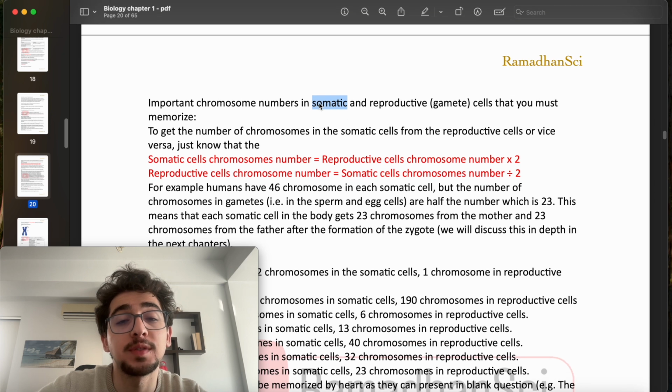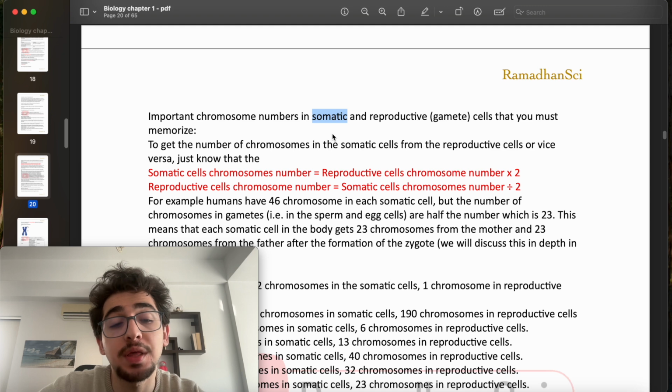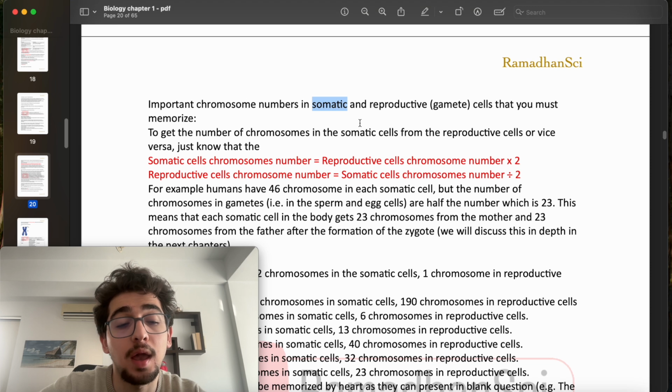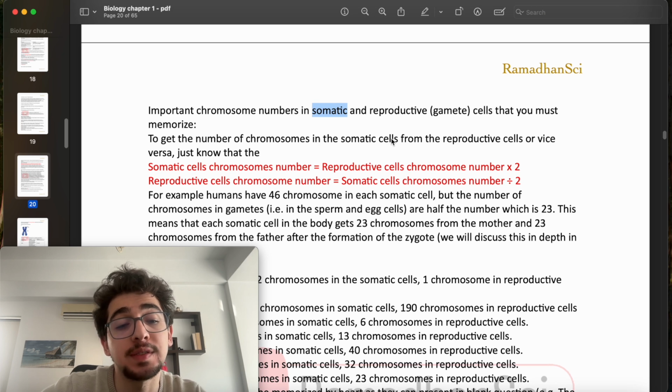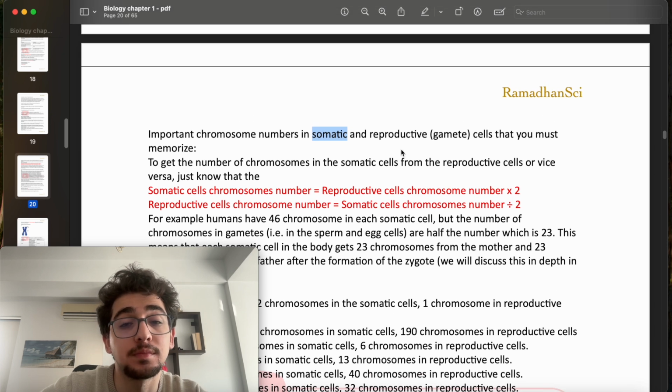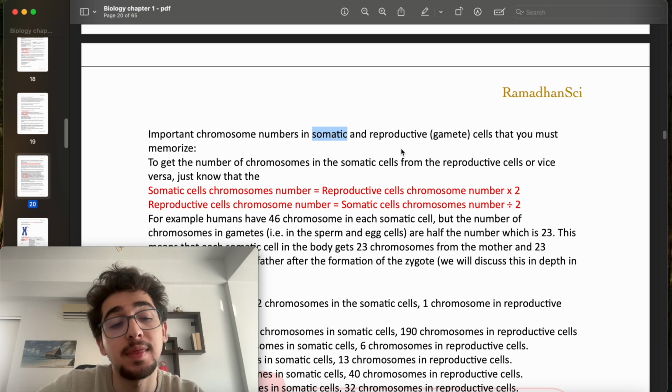The number of chromosomes in somatic cells in humans is 46 chromosomes, 23 coming from the mother and 23 coming from the father. And the sum will equal 46. But in the gametes, let's say in the sperm cell or the egg cell, the chromosome number is only 23. So 23 chromosomes in the sperm cell and 23 chromosomes in the egg cell.